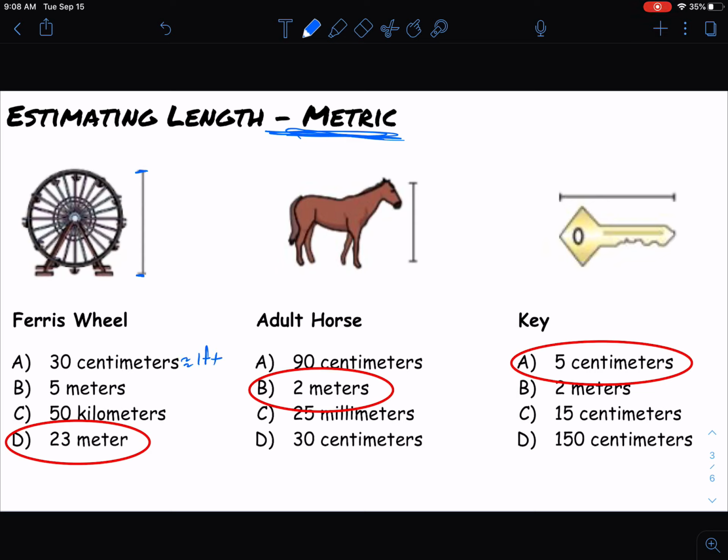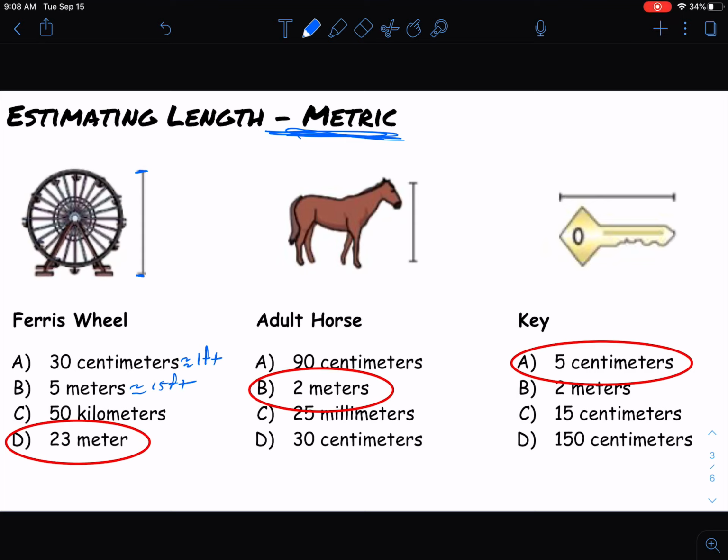That would be a really tiny Ferris wheel. 5 meters is approximately 15 feet. It could be a tiny Ferris wheel, but it's not those real big, tall Ferris wheels you think of. And then 50 kilometers, that's a really long distance. So it wouldn't be that.